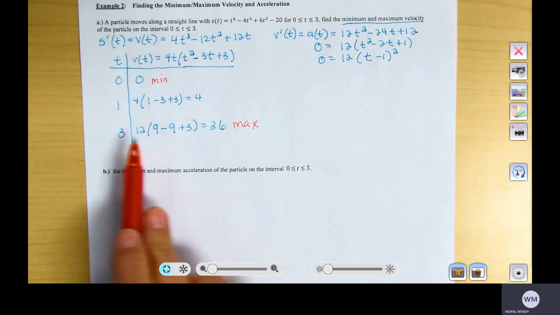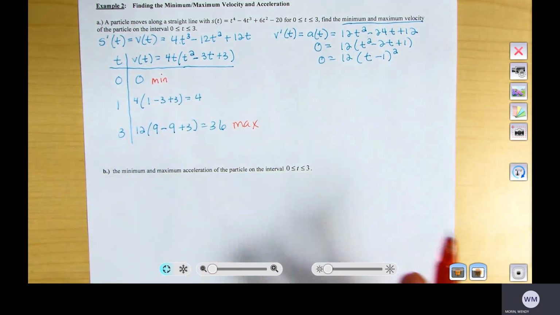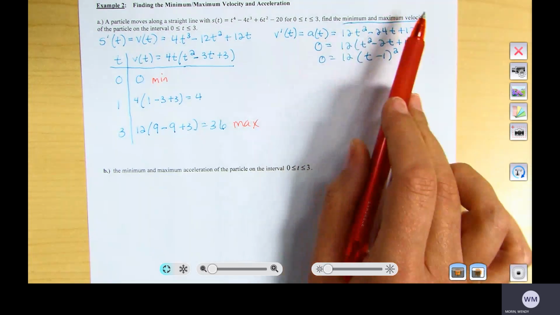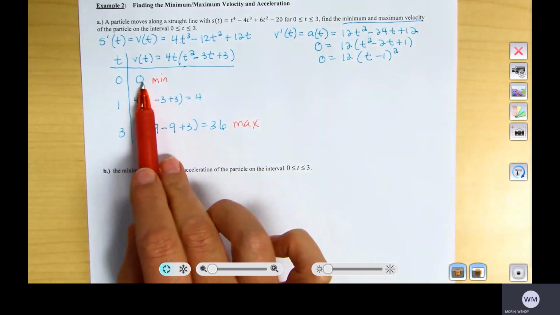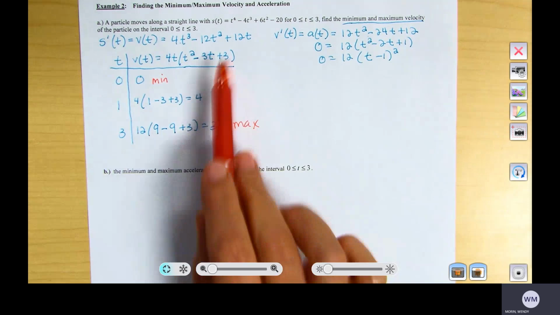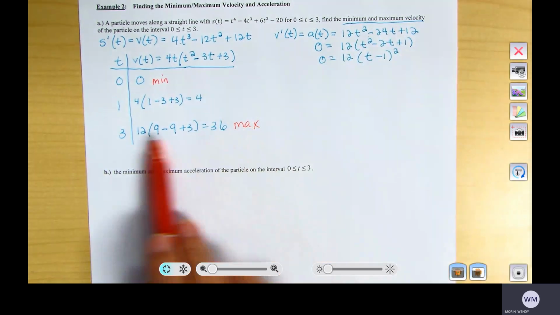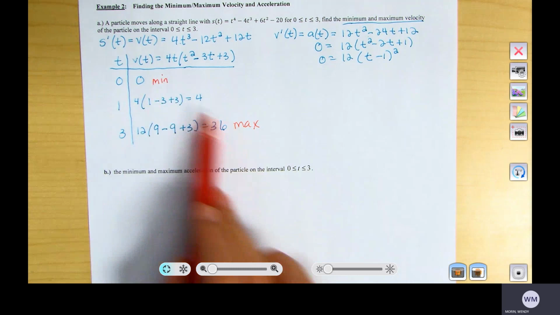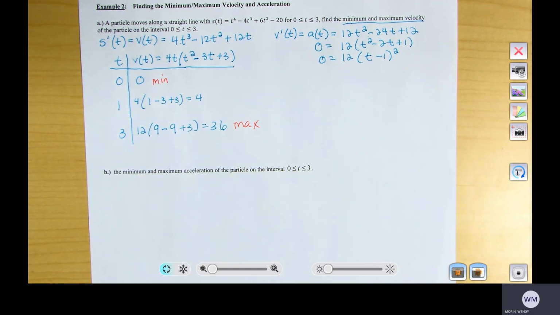And again, write out the answer. The minimum velocity is what, where. The maximum velocity is what, where. So make sure you write out your sentence on a free response. Don't assume that the AP reader will gather that information. Okay?